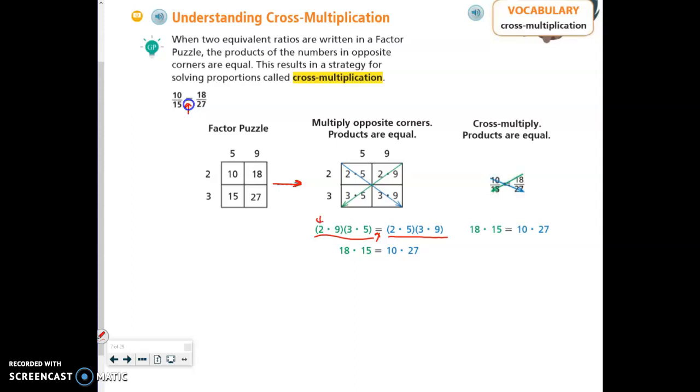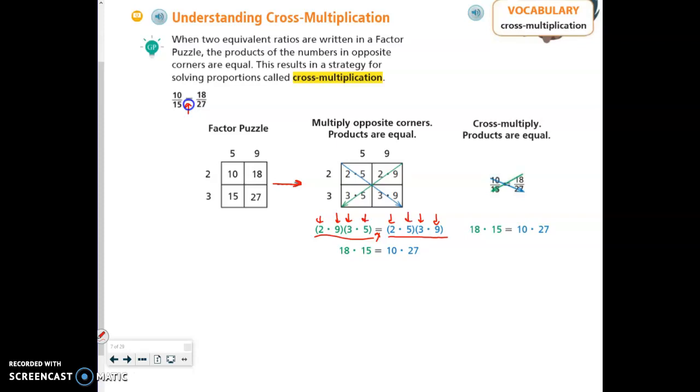I've got a 2 on this side, I've got a 2 on this side. I've got a 9 on this side, I've got a 9 on this side. Notice they're not in the same order, and I'm not multiplying them by the same other factor, but as long as they are on those sides, it doesn't matter which order I multiply in, as long as the operation stays the same and the factors stay the same. Here is my 3 for this side, here is my 3 for this side, and here is my 5 and my 5.